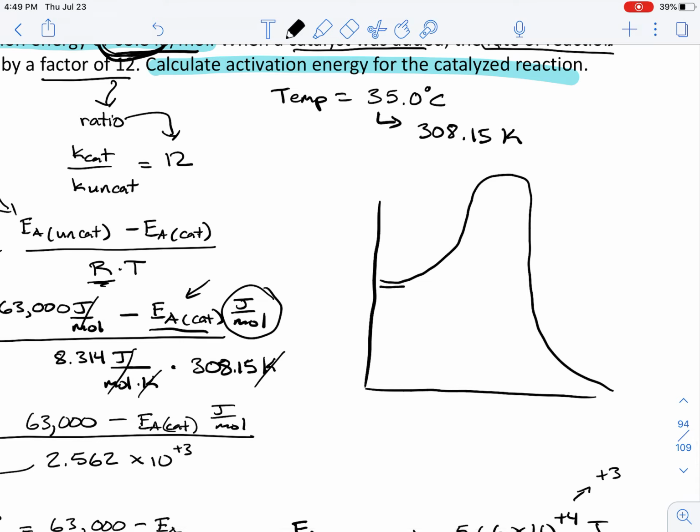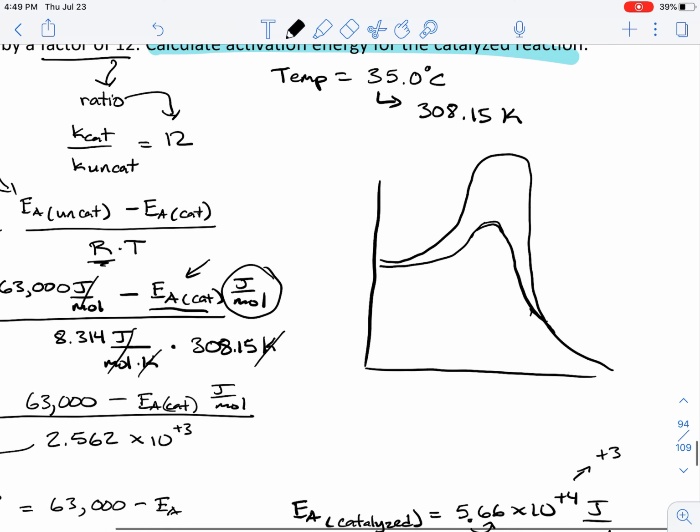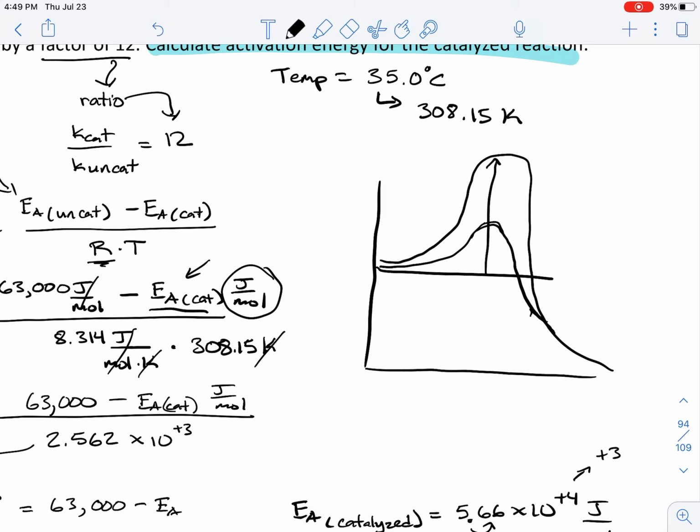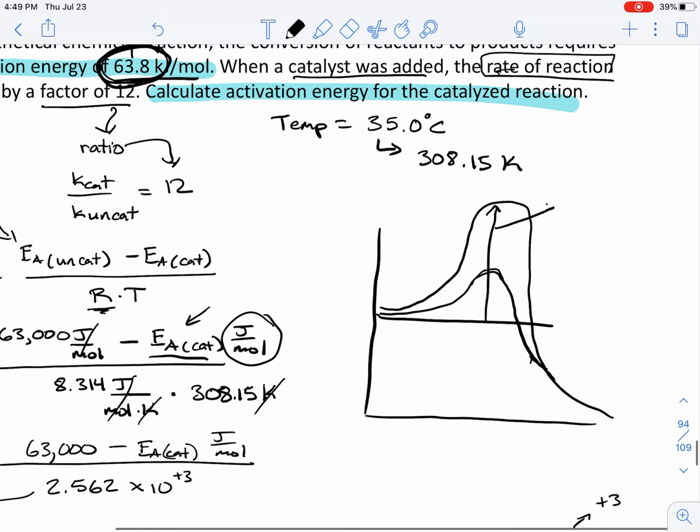And so this would be an example of the alternate pathway that a catalyst would provide, such that this height would be 63.8 kilojoules per mole.